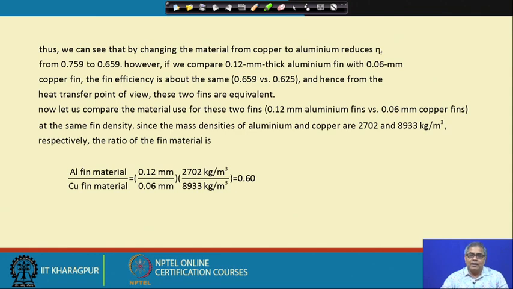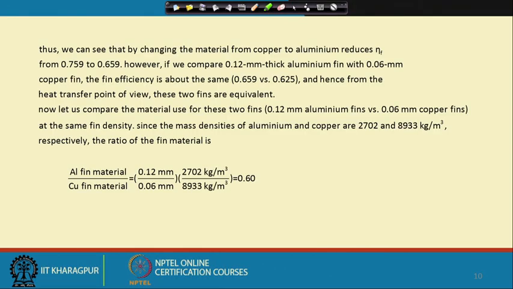Another comparison between these two materials is that copper has larger strength compared to aluminum. So we can use thin copper fins, but we cannot use thin aluminum fins. The minimum thickness of copper which we can use in our fin design, we cannot use for aluminum fin design.